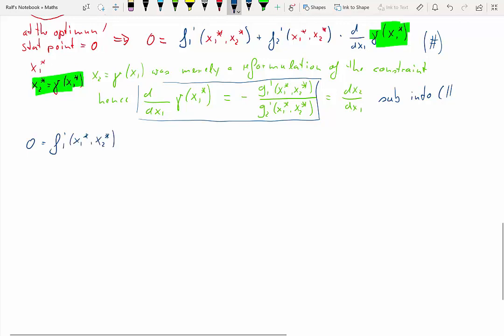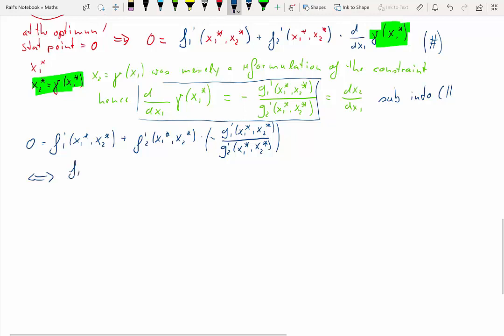What we end up with is the following relationship. 0 is equal to f prime 1 evaluated at the constraint maximum plus f prime 2 evaluated at the constraint maximum times the negative of the ratio of g prime 1 over g prime 2.